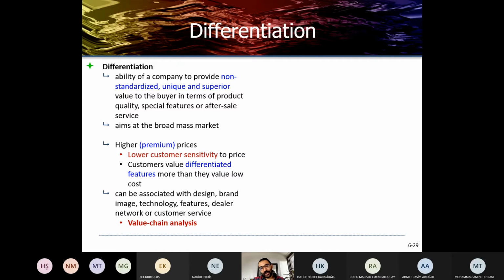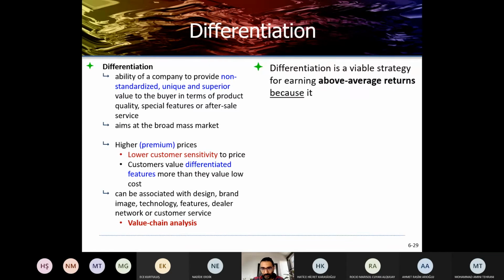So they are addicted to that product somehow. How can they do it? They make advertisements, they make marketing strategies. There are lots of things, but here the customers are more sensitive to the features of the product, right? Not to the cost only.